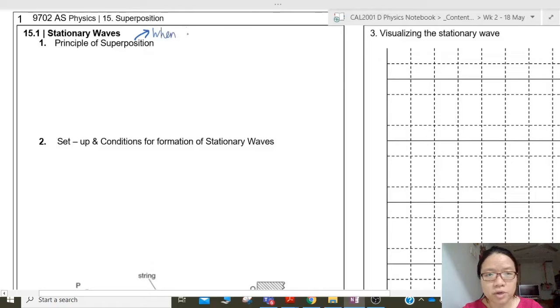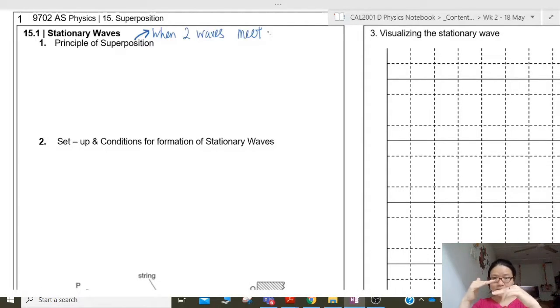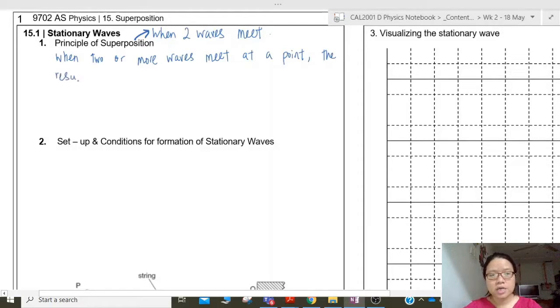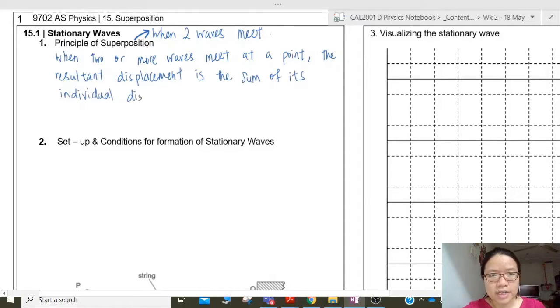All right, so we're going to write that down, principle of superposition. So basically, we're trying to answer what happens when two waves meet. It is important to know that when they meet, they carry on their journey. Right now, when two or more waves meet at a point, the resultant displacement is the sum of its individual displacements.